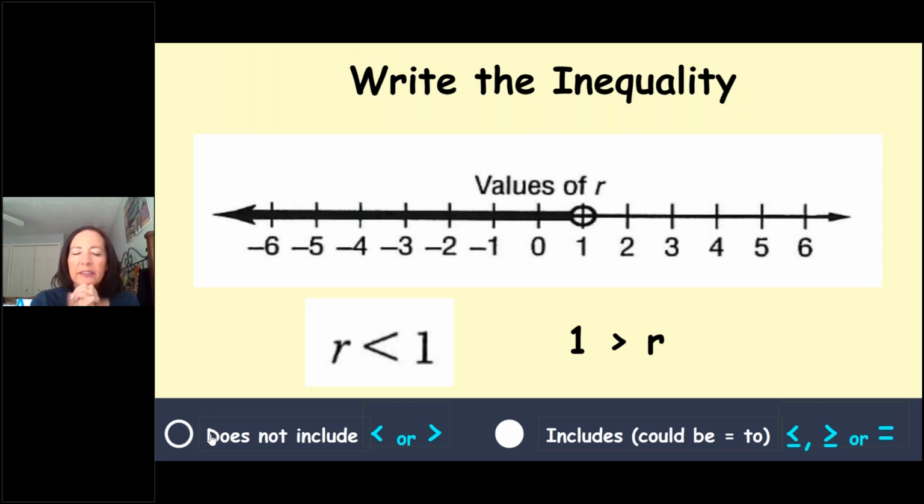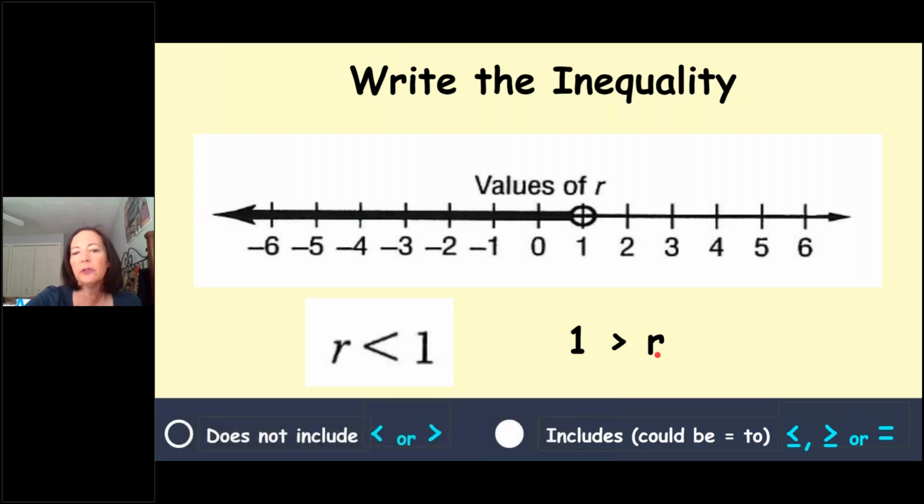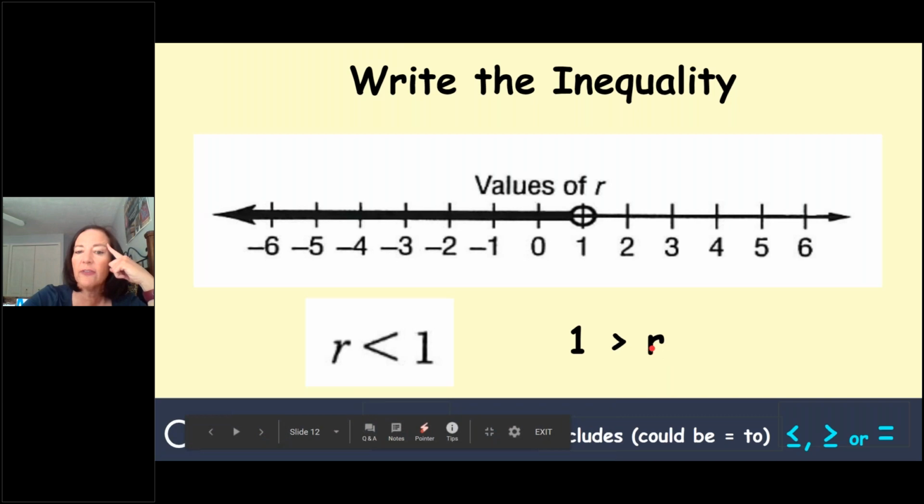And I will say something else. I don't think I included it in the slideshow. A student many years ago shared something with me that really has helped a lot of people. Sometimes they will write the inequality like the one on the right. It'll say like 1 is greater than or equal to R. If you have to put that onto a number line, a little trick is always to read it back starting with the variable. So even if they write it as 1 is greater than R, when you're trying to graph it, think to yourself, R is less than 1.